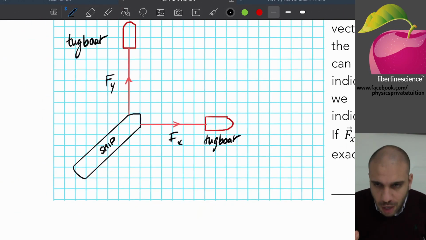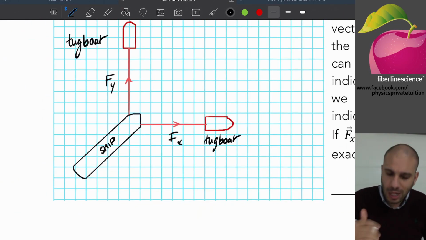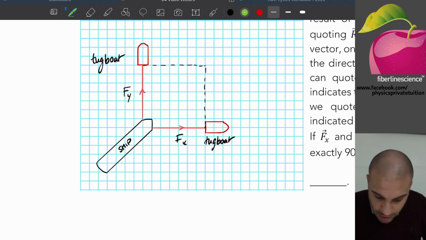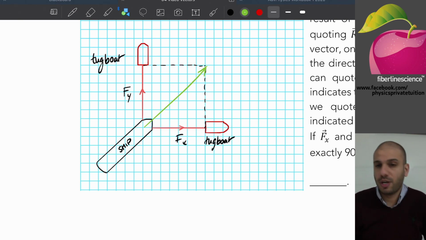Jekk napplikaw il-parallelogram law għal dan, dak li nagħmlu huwa we draw guidelines, nikkopjaw Fx hemm fuq u nikkopjaw Fy hawnhekk u hemmhekk noħorġu li r-resultant ser ikun just a straight line from start to finish.